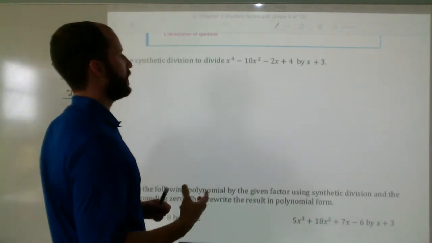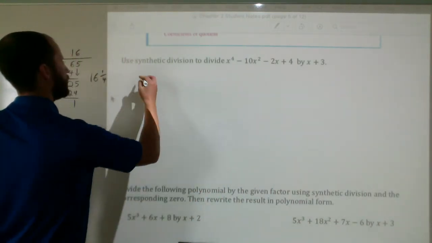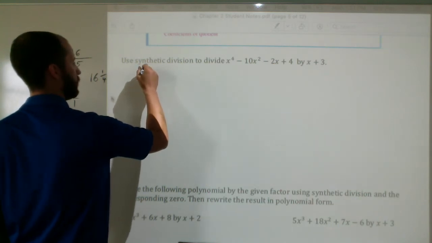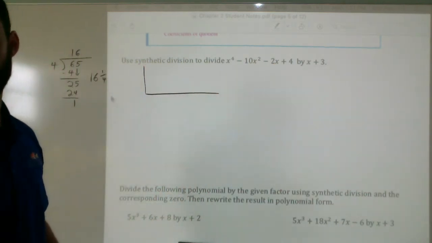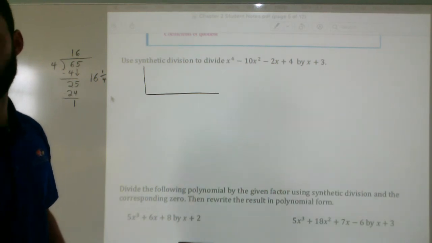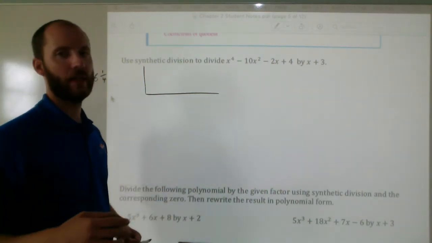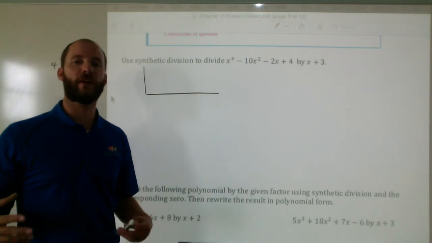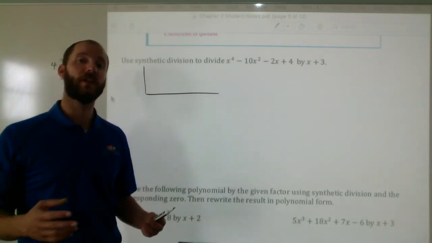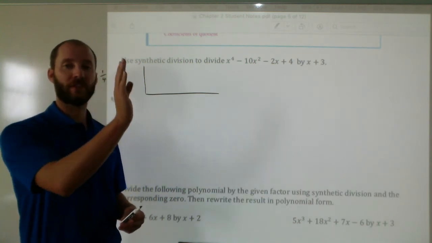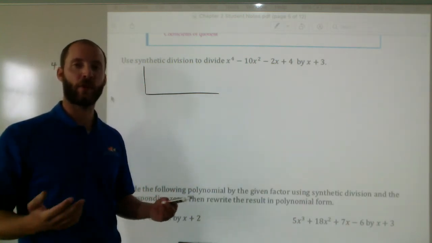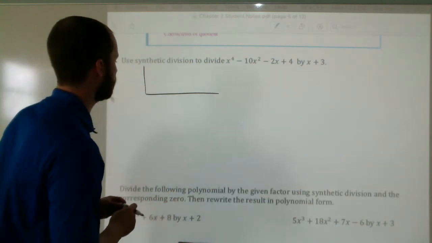So the first thing we need to do: synthetic division only deals with the coefficients. And where you put the coefficients really tells you what term they represent, because we will use zeros as placeholders. Where you have numbers listed tells you if they're x to the fourth, x to the third, and so on.